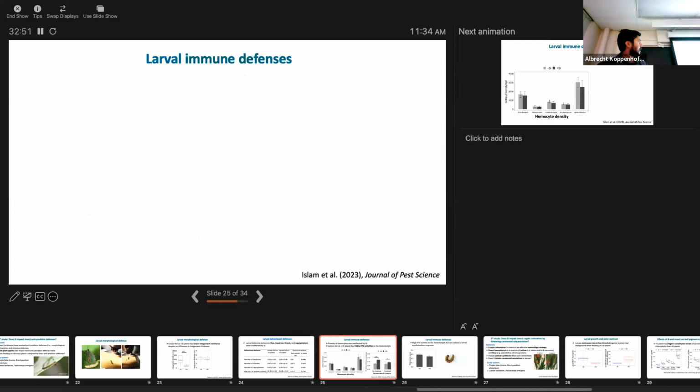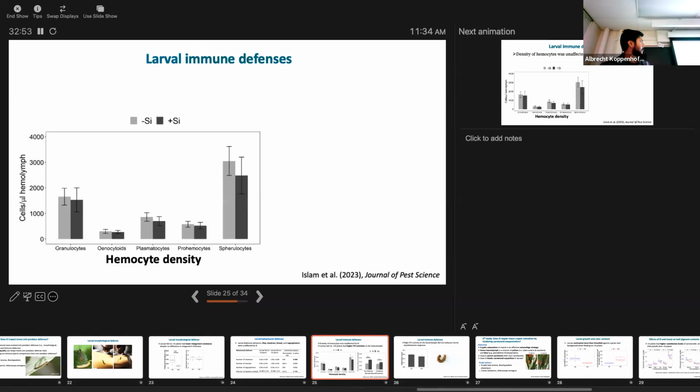Okay, then I looked at larval immune defenses. We estimated hemocyte density in the hemolymph. We found 5 different types of hemocytes: granulocytes, inocytoids, plasmatocytes, prohemocytes, and spirulocytes, but there was no effect of silicon on the hemocyte density.